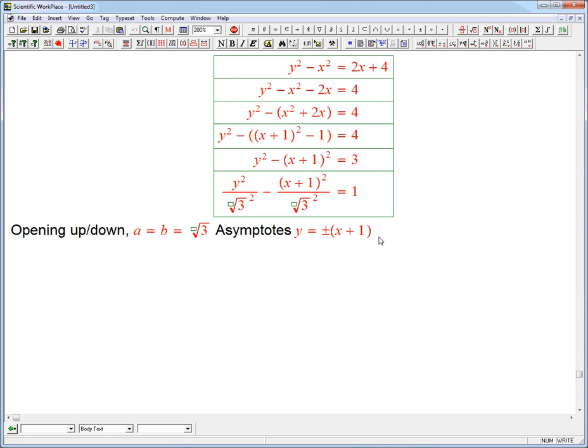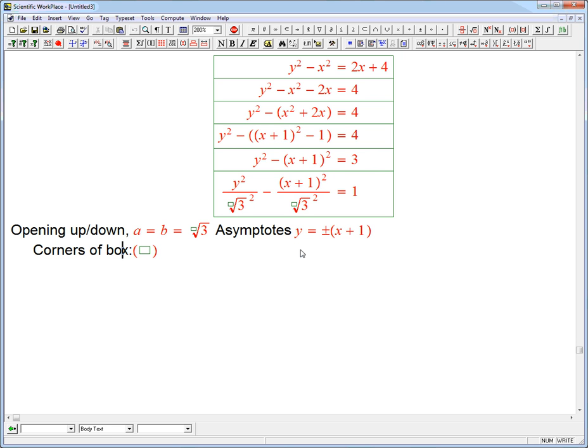Okay, I don't think we really need the foci, because that's not too important to this problem. So we're going to draw the box. The corners of the box are going to be at, let's see, we're going to take the root 3's and just put plus or minuses on them, but we're also going to remember that we're going to shift everything left 1 in x.